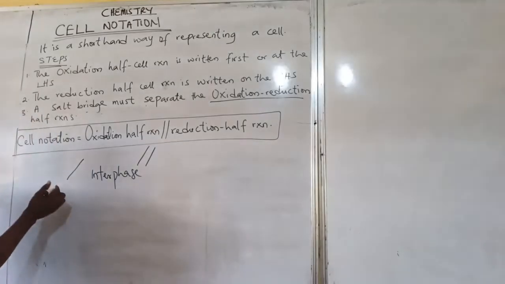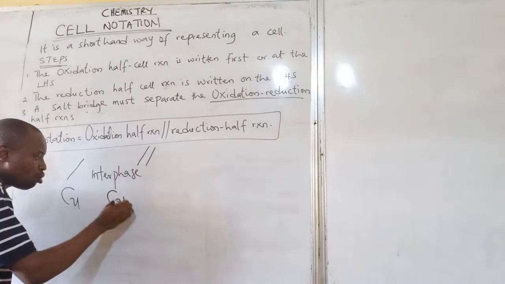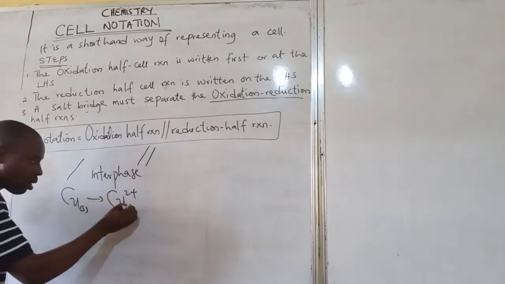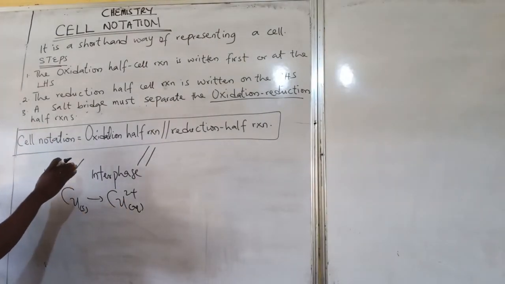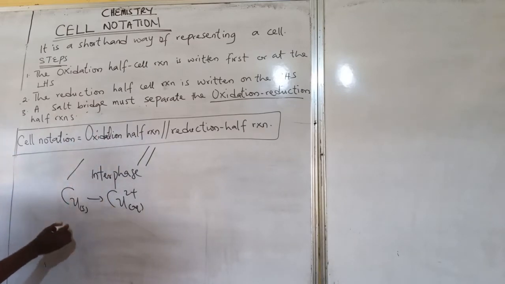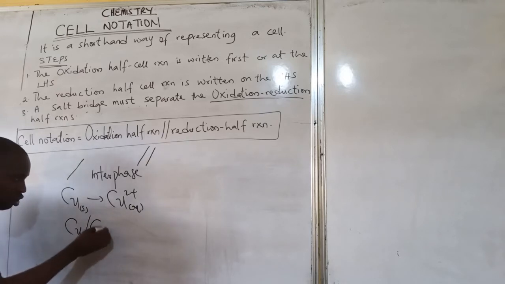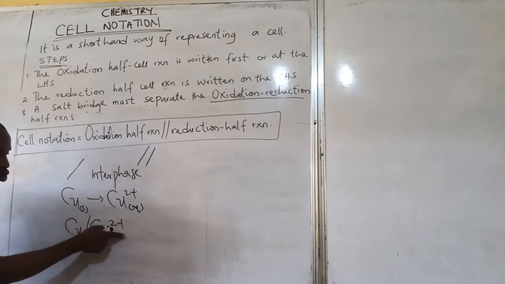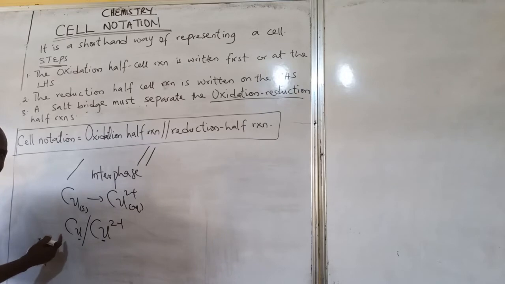For example, if I'm having copper and copper 2 cation, this one is solid, this one is aqueous, and I'm to represent it in an oxidation half reaction. Simple. I'm just going to say Cu, slash, Cu 2 plus. Why? Because they are not of the same state.